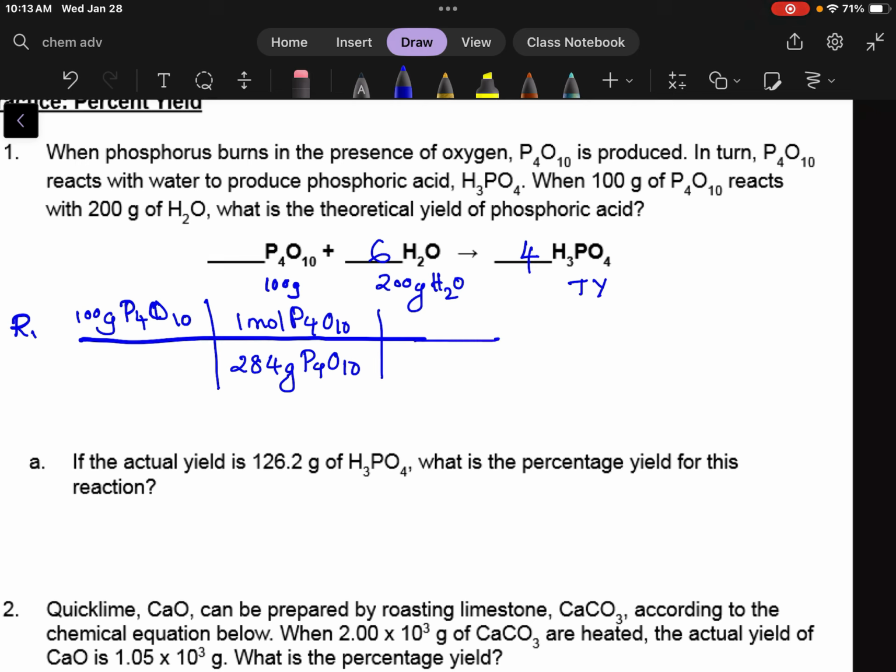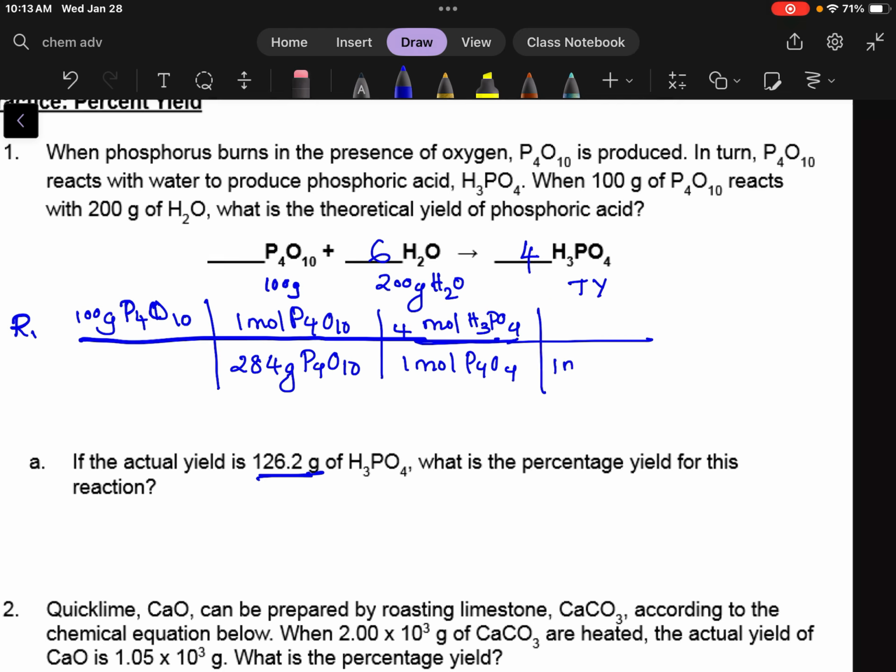We need to go one more step further. I'm going to find the grams, because you can see the second step is actually given in grams. As per the equation, 1 mole of P4O10 gives 4 moles of H3PO4.